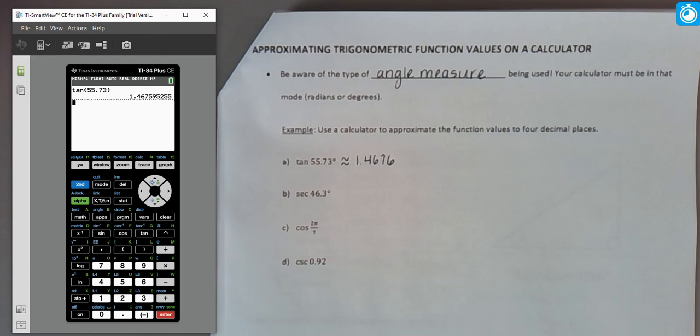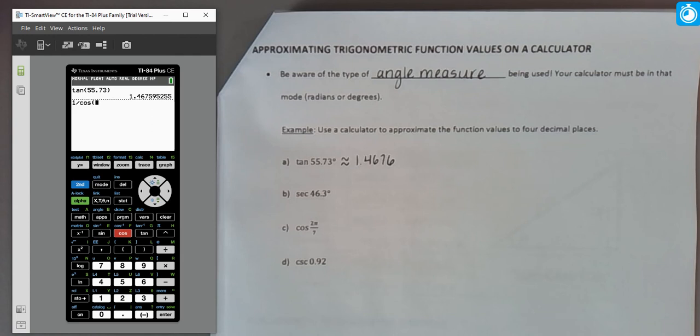So if you want to find a secant value, or cosecant or cotangent, you're going to have to actually write an expression for the reciprocal. If secant is defined as the reciprocal of cosine, the way we indicate that is by doing 1 divided by cosine. That's the way we write out an actual reciprocal.